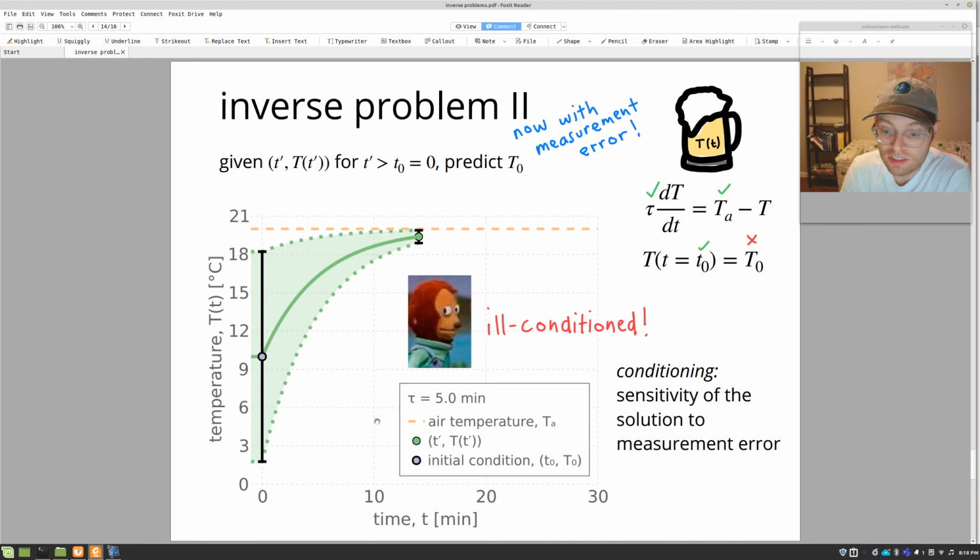And conditioning refers to the sensitivity of a solution to measurement error. So a little bit of measurement error in the temperature of the beer will result in a very big error in what you think the initial temperature is. So that's ill conditioning. It's a very important concept for you to think about anytime in the real world, because there's always errors associated with measurements that you take. And inverse problems often are ill-conditioned.